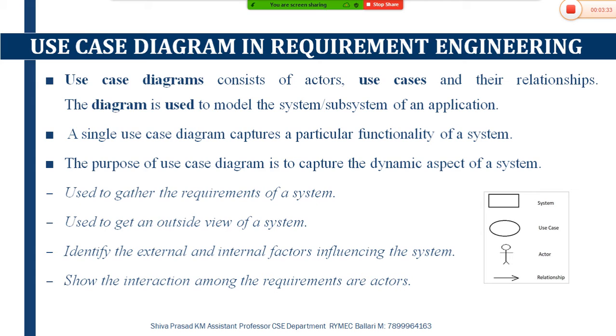Each class of interaction is represented with an oval shape, whereas the line link, represented in the form of an arrow mark, is used for providing the connectivity between one or more use cases along with actors. This arrow mark is used for providing the relationship between each and every case.